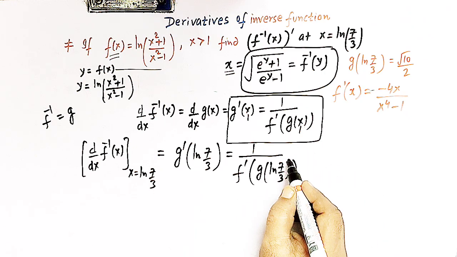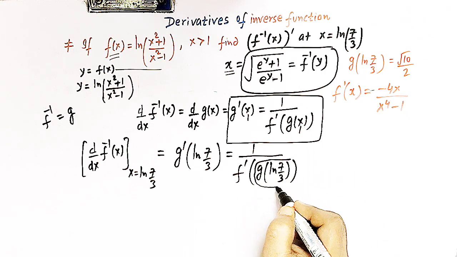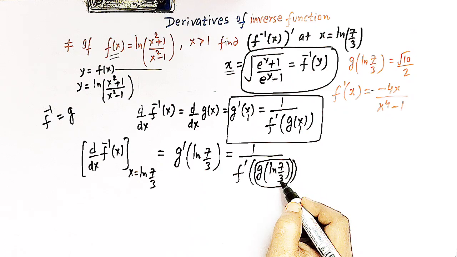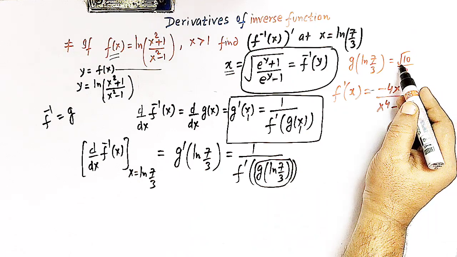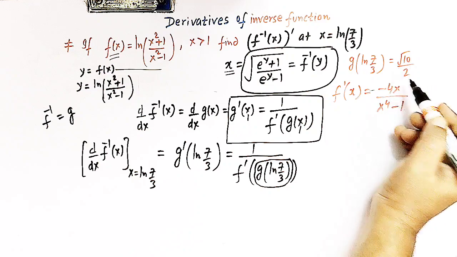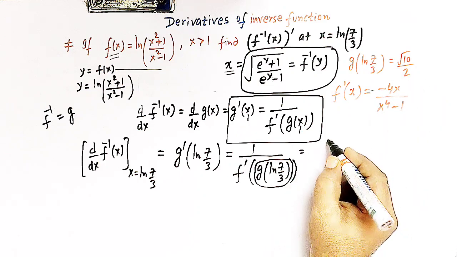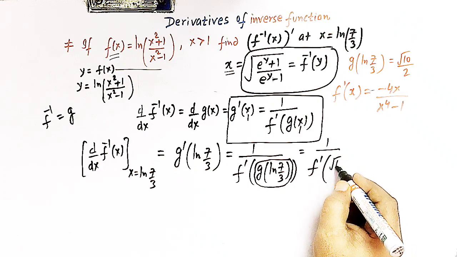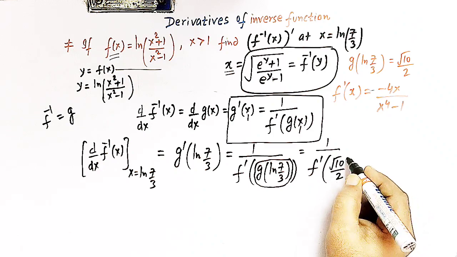And we have already calculated the value of g of natural log of 7 over 3, and that is equal to square root of 10 over 2. So we can now write 1 over f prime, and here we have square root of 10 over 2.